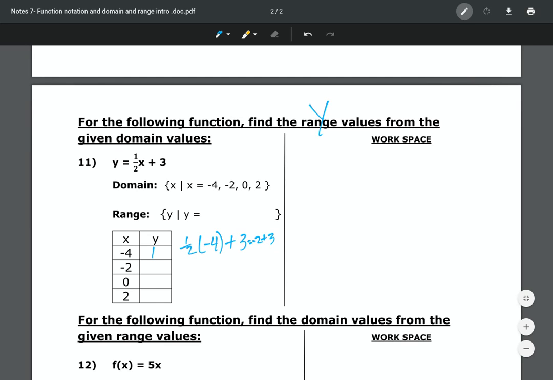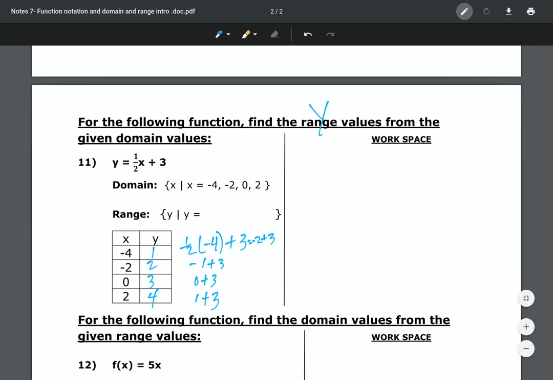So half of negative 2 would be negative 1 plus 3. So basically this is 3 minus 1, which is 2. And then half of 0, well, anything times 0 is just 0. So you'll have 0 plus 3, so that'll be 3. And then you'll have half of 2 is 1, and 1 plus 3 gives you 4.